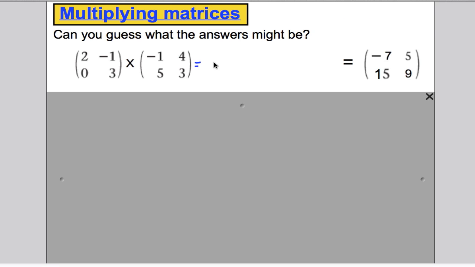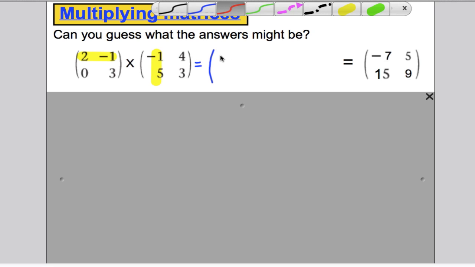If I'm trying to work this out, what I do is as follows. I take the elements of the row of the first matrix and I multiply it by the elements of the column of the second matrix.